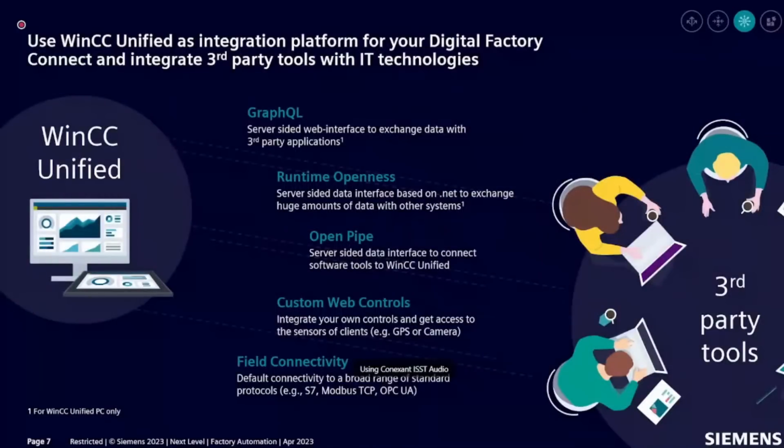From the openness point of view, why are we saying our unified system is more user friendly, or more useful for the integration of IT with OT systems? Because it provides different types of openness platforms to integrate with higher-level systems. One example is GraphQL, which is now quite popular in the market.